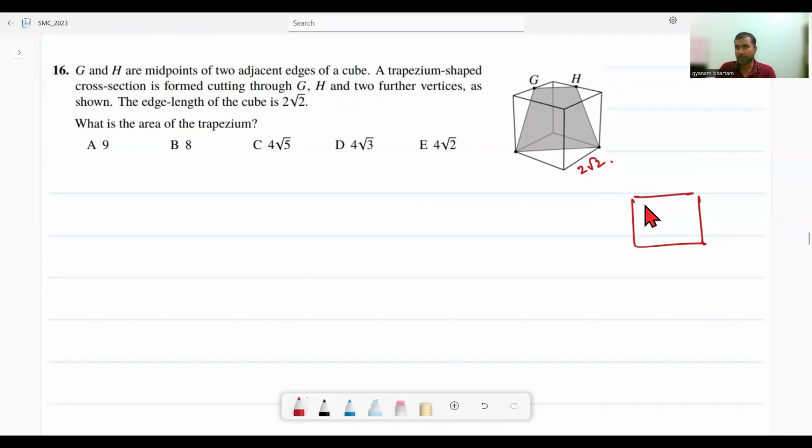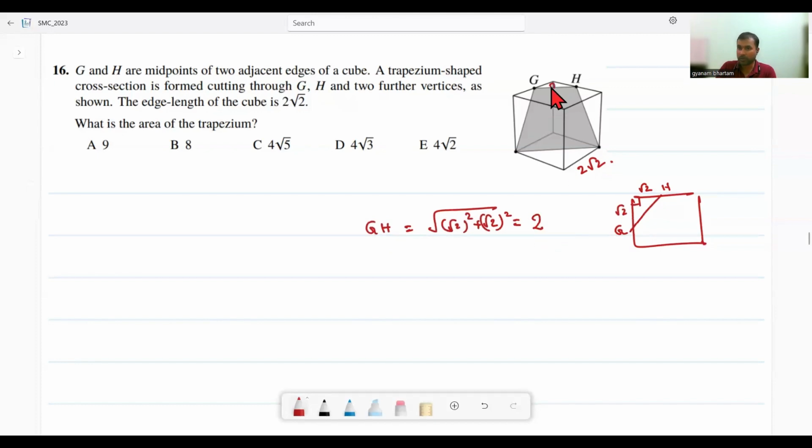If you observe the topmost cross section, this is what we have. Half of this is going to be root 2 and this is root 2. If you apply the Pythagoras theorem, GH is the square root of root 2 squared plus root 2 squared, which gives you 2.